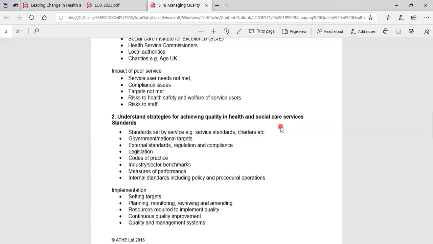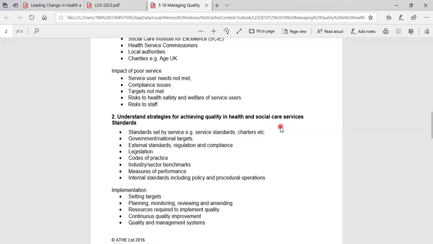Whatever targets you think could help you achieve quality in your services. External standards are there, regulation and compliance, and legislation to improve quality. Codes of practice, if they're there, are they being implemented? If yes, how does it impact your quality? And if no, what are the reasons? Why are they not practiced?